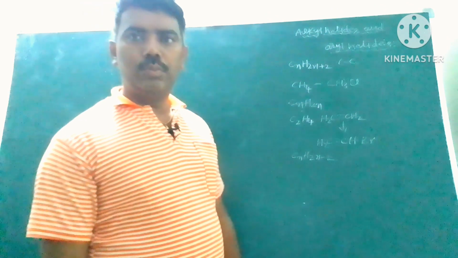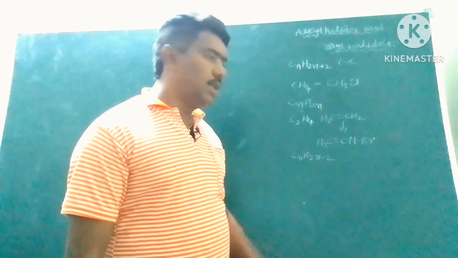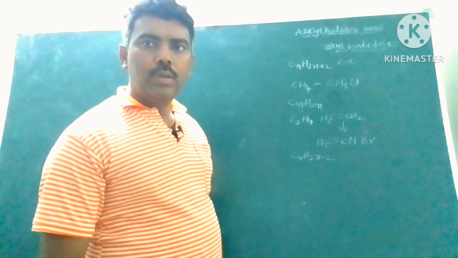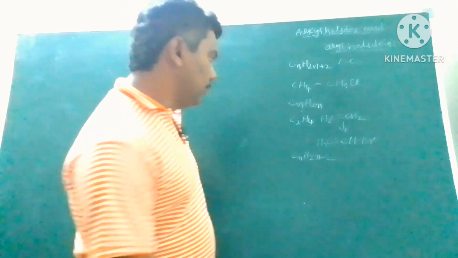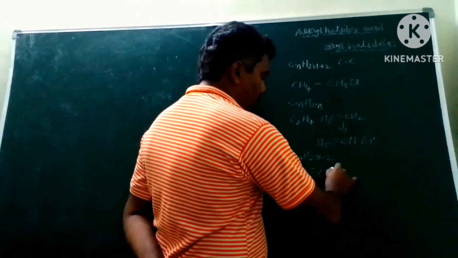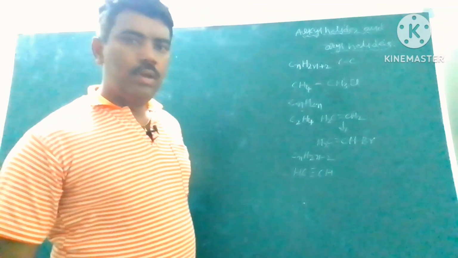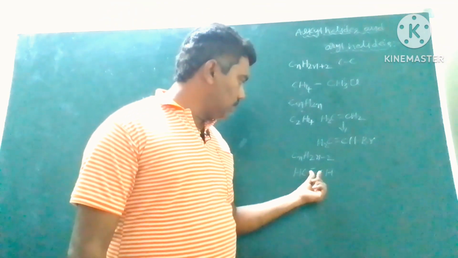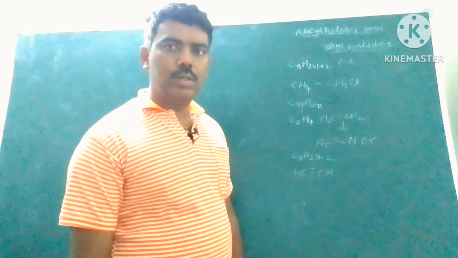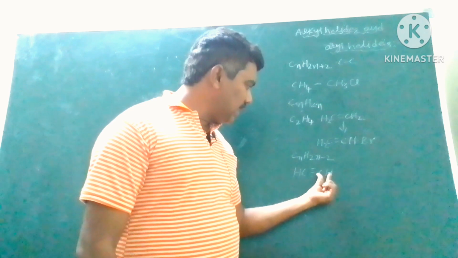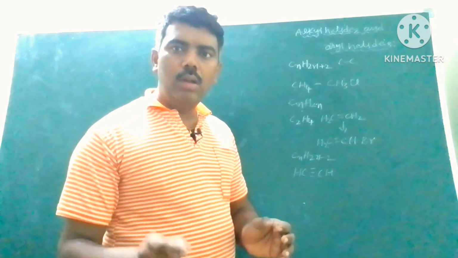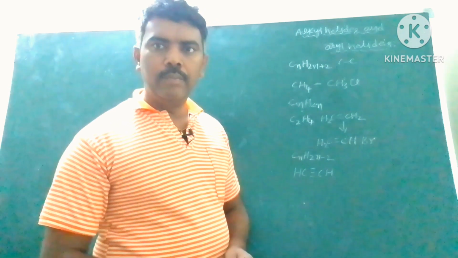Next, another aliphatic hydrocarbon, alkyne. The general formula is CnH2n-2. The simplest alkyne is ethyne, HC≡CH. In alkynes, between two carbons there is a triple bond. The carbon is attached with hydrogen. The hydrogen present in the ethyne is replaced with halogen. It is called haloalkyne.